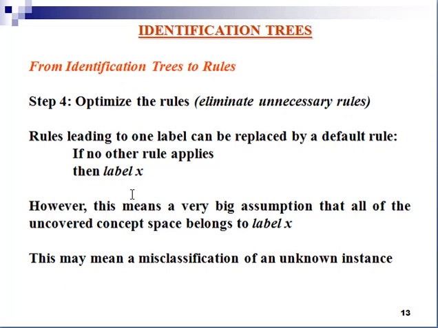So if no other rule applies, then we can have a general label, say X, and we can assign those to this label X. However, this means a very big assumption that all of the uncovered concept space belongs to class X, right? Since we are having this generalized label, we are assigning all the cases which are not resulting in any label to this general label X.